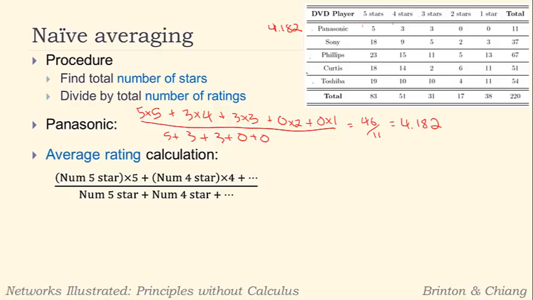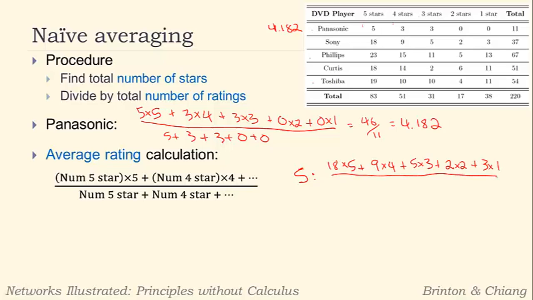Let's, for instance, do it for the Sony player. So we'll do it for the second one now. For the Sony, we have 18 five-star reviews, plus 9 four-star, plus 5 three-star, plus 2 two-star, plus 3 one-star.